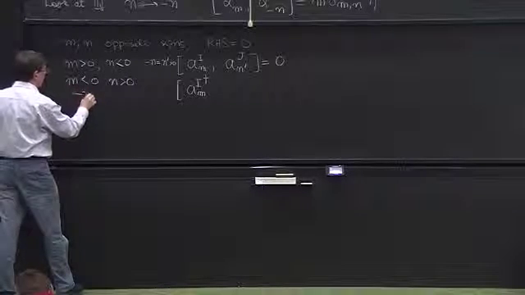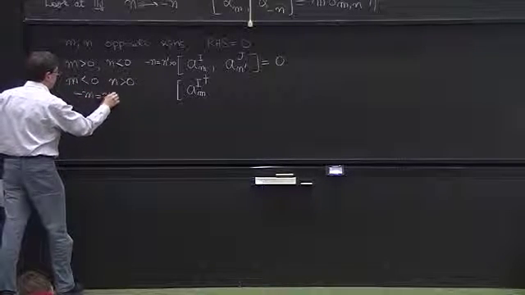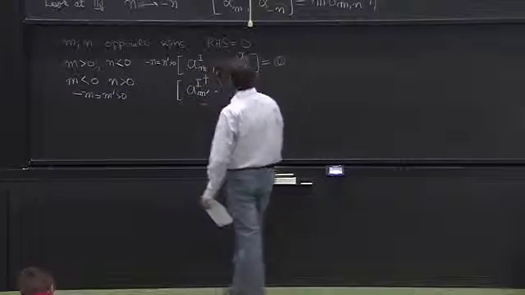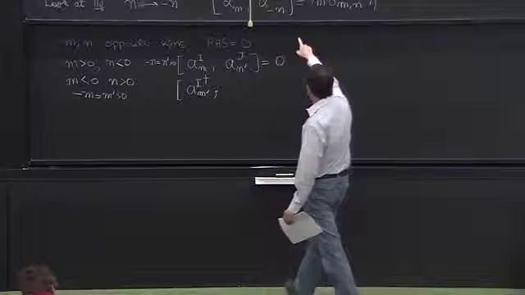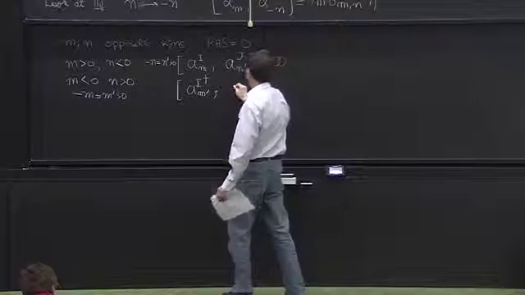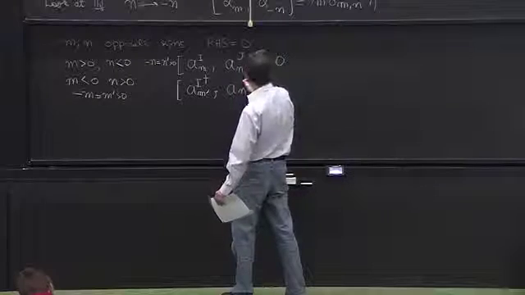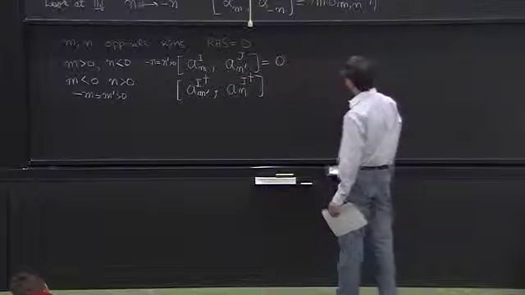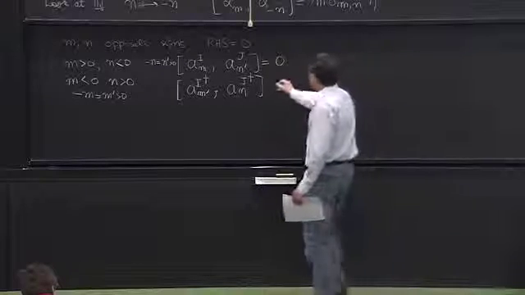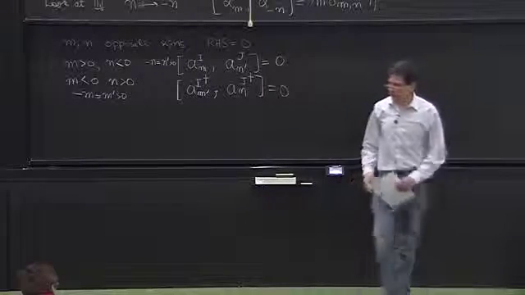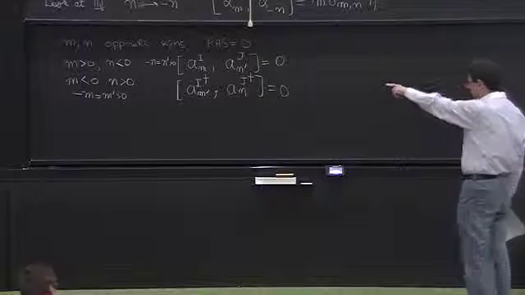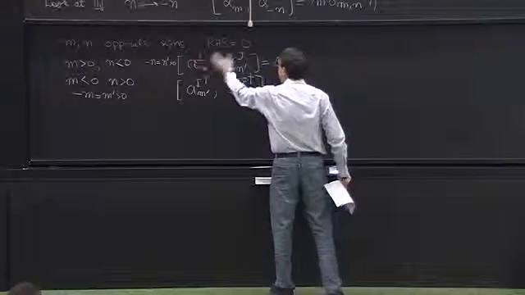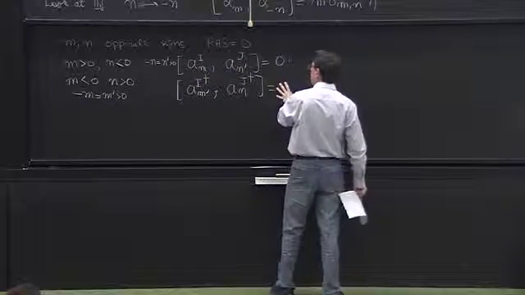So minus m is equal to m prime, which is positive. So I'll put the m prime here. And if n is positive here, I can just directly say this. So it's a n j dagger as well. But these are 0. So it's a little confusing with the signs, but I think I now got it totally right. This says that the a's commute and the a daggers commute.